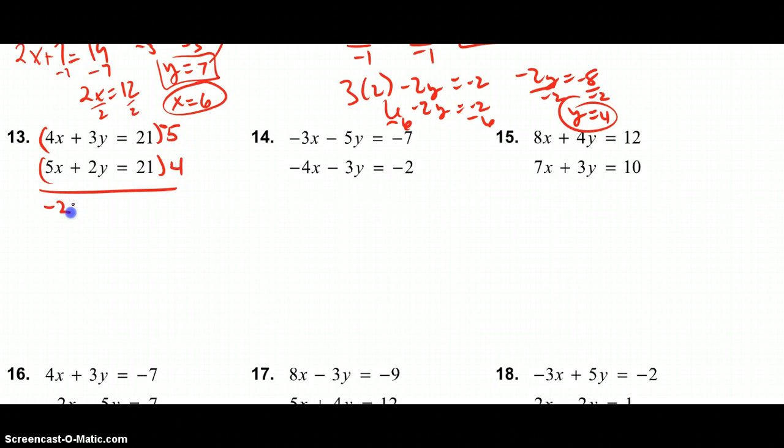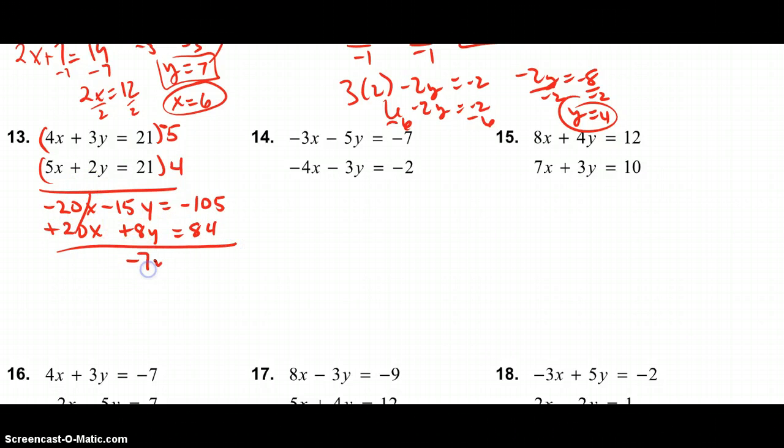Distribute. Distribute on the bottom. Add the equations together. Opposites will cancel. Divide.